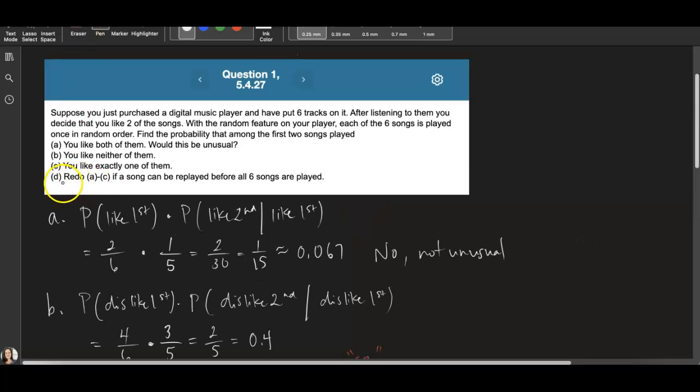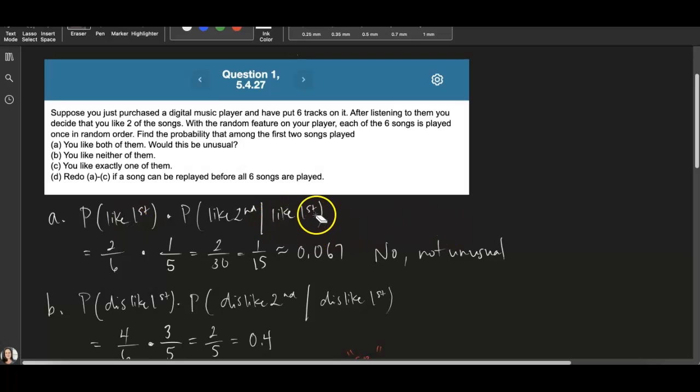Now, in the last part of this problem, we're asked to redo all 3 parts, assuming that any of the songs could be replayed. In other words, we're taking away that dependent condition, and now we have probabilities of independent events. And so I'm going to show you this with the first part, just for the sake of time.